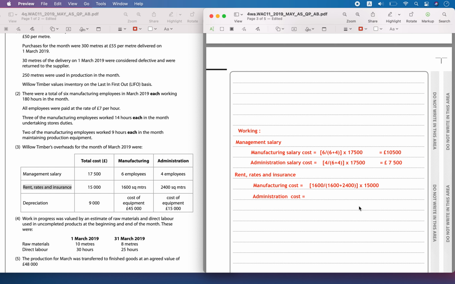The total cost is 15,000. Administration area is 2,400 out of the total area of 1,600 plus 2,400. Now let's calculate the value.